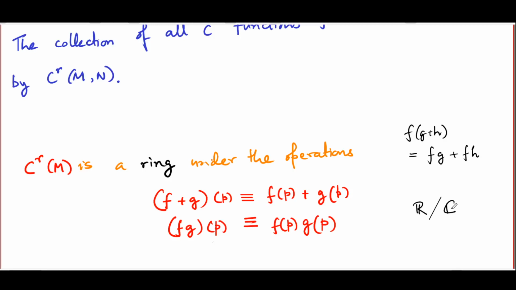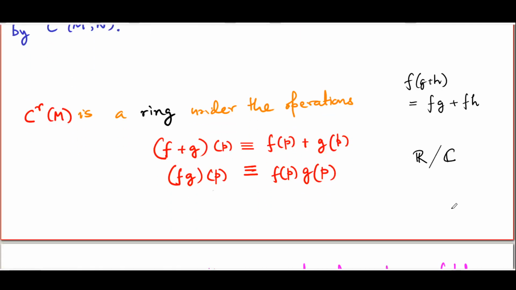Of course, you cannot divide by the zero function, but as we have seen, you cannot divide by functions which vanish at even just one point on the manifold, let alone all points. So there are non-zero elements in this set which you cannot divide by, and that is why C^∞(M) is not a field, it is just a ring where addition and multiplication is well defined. Division by all non-zero elements is not necessarily well defined. This ring structure of C^∞(M) is going to be very important in many of the discussions that we are going to have in the future.